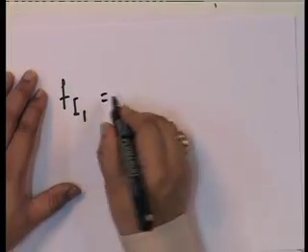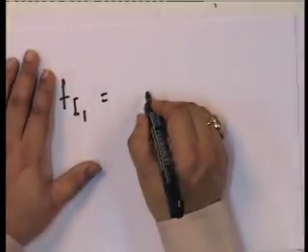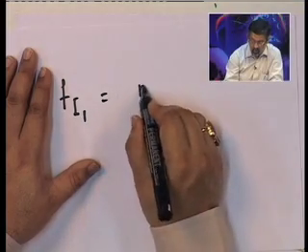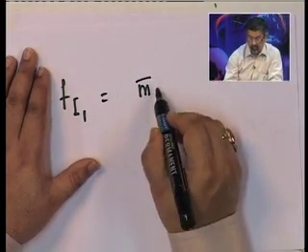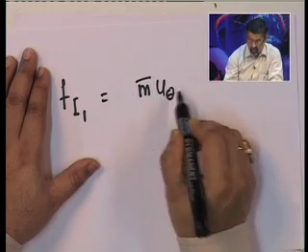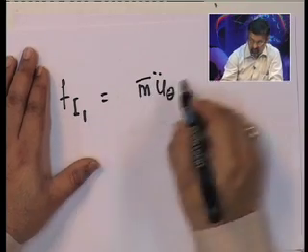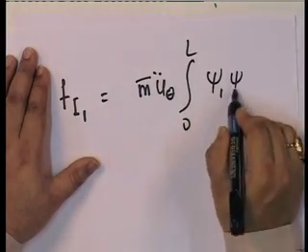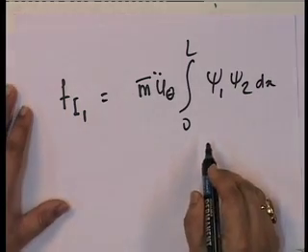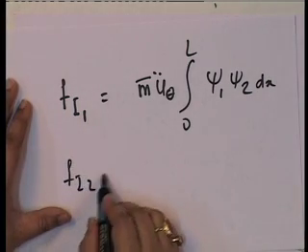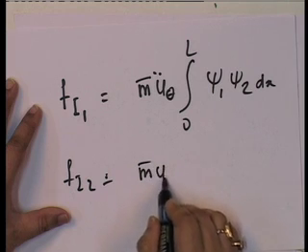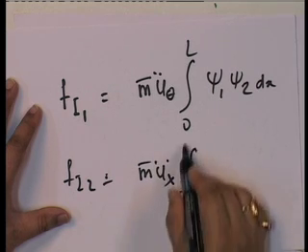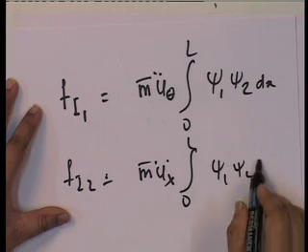So, let us go back to f I 1. Forget about this, there was this problem where we were doing m bar u theta in the first one in f I 1, which had 0 to L xi 1 xi 2 dx, and in f I 2 we had m bar u 0 to L xi 1 xi 2 dx.